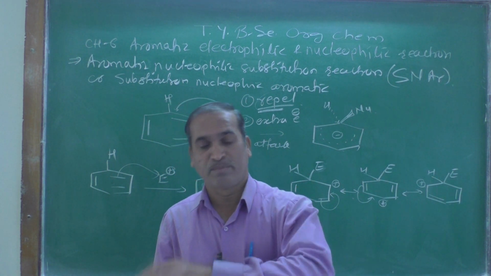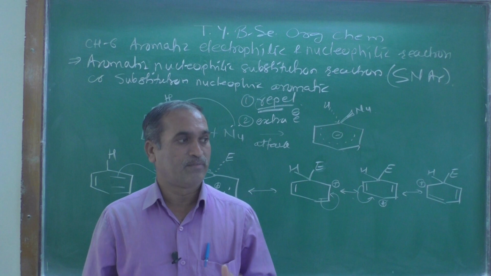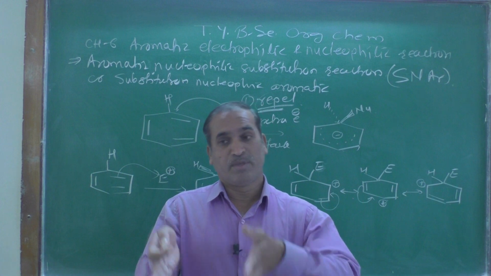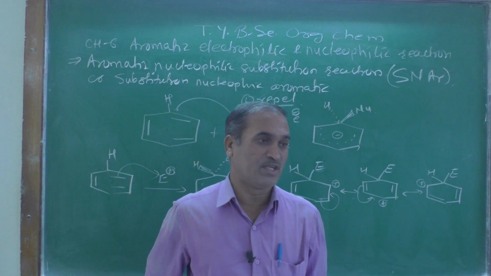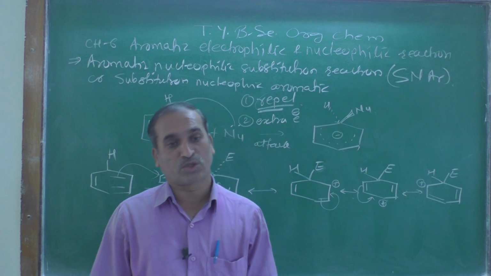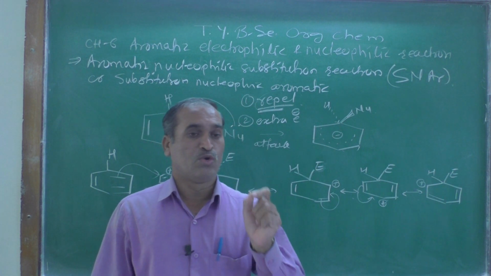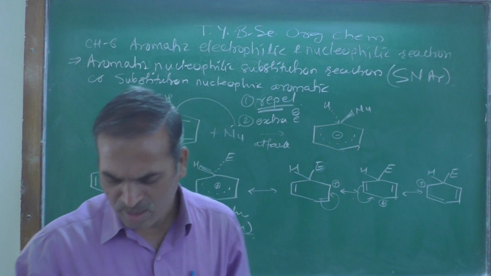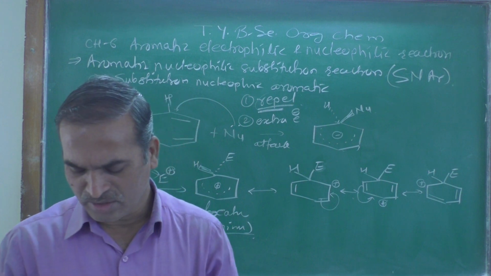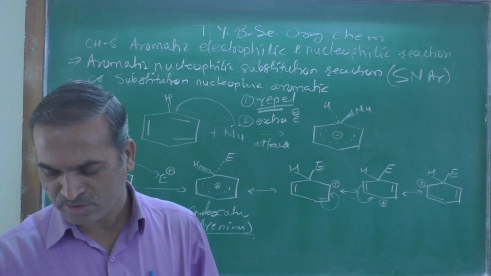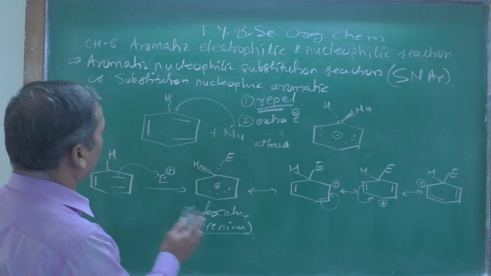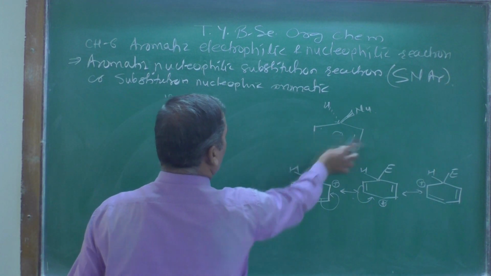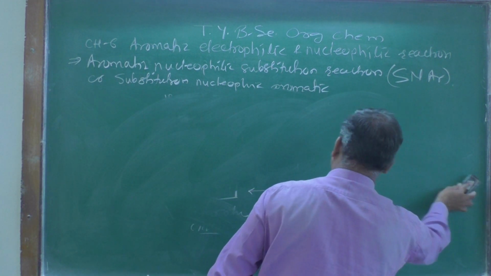But in some cases, when electron withdrawing groups are present in the benzene ring, the substituted benzene ring can show nucleophilic substitution reaction, and therefore we are going to talk about nucleophilic substitution reaction. Why some aromatic compounds undergo nucleophilic substitution reaction, we are going to see over here.